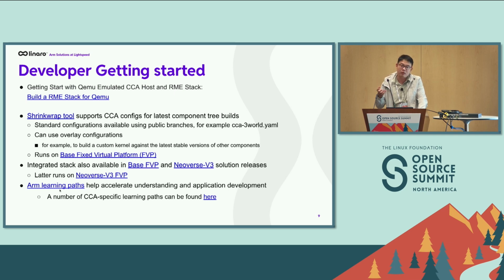If you're doing something about DA, you can use the FVP with Neoverse V3. There are also some articles we recorded either on the Arm Learning Paths or on the Linaro collaboration page, where you can get information. For development, it is very handy: with just one or two commands, you can build the total environment and launch the realm.